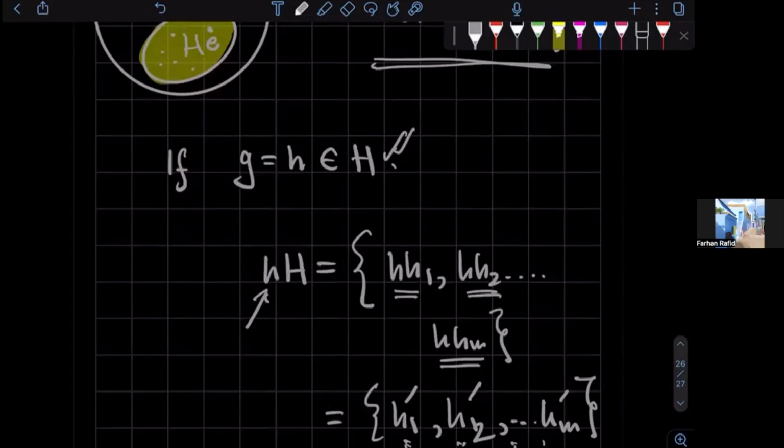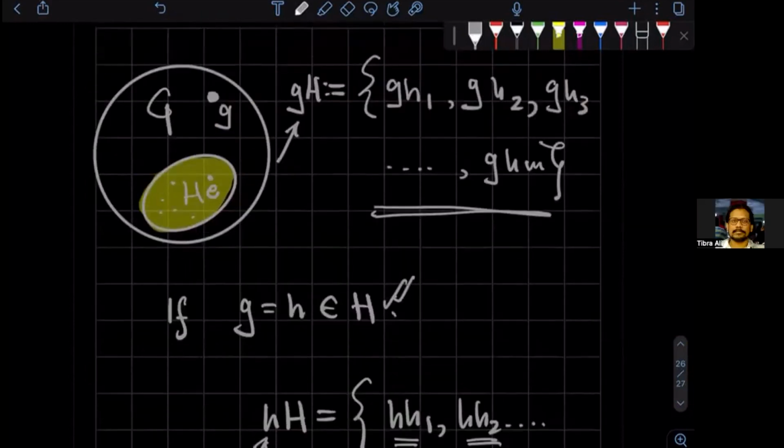So is the coset a set or a new group? It's a set. It's not necessarily a group. Okay, got it. If g is outside the subgroup, it's a set. It's not closed under multiplication.